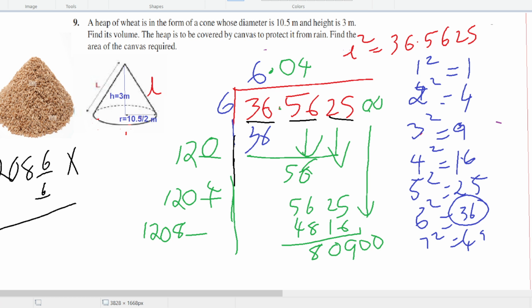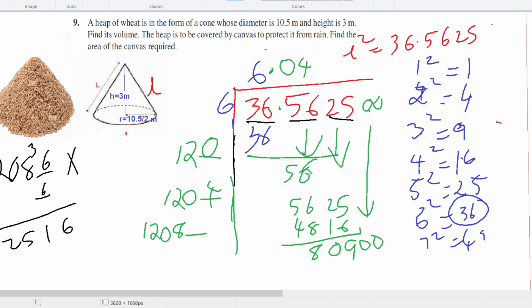6. Let me try 6, 36. Then this will be 48 plus 3, 48 plus 3 will be 51, then 12 7. So I got a number which is less than this.